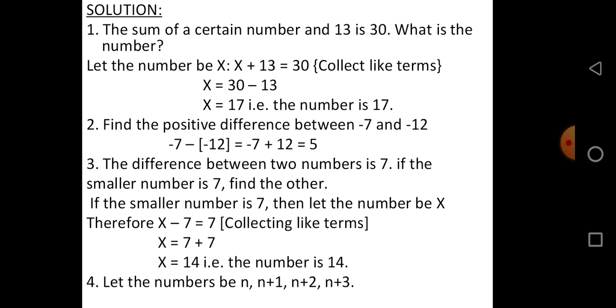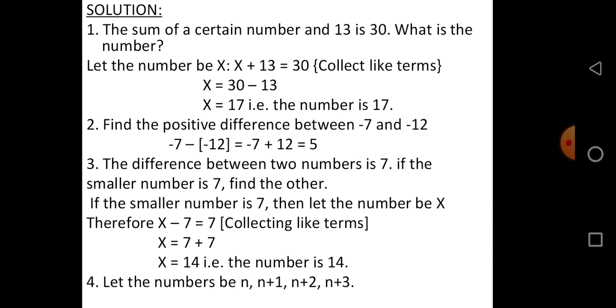So since we were told that the difference between the numbers is 7, x minus 7 will be equal to 7, because the question told us that the difference between the numbers is 7. And when we collect like terms, the minus 7 that we have here, we have to take to the right hand side of the equation, and when that happens, x will be equal to 14.